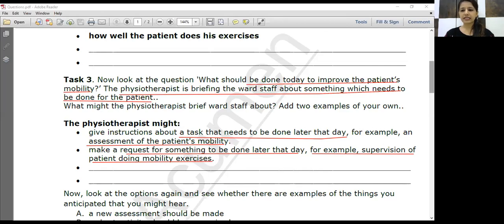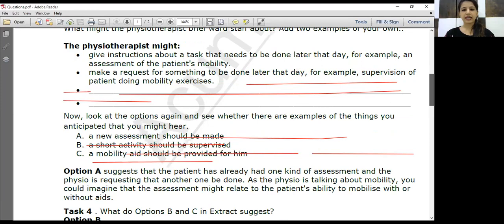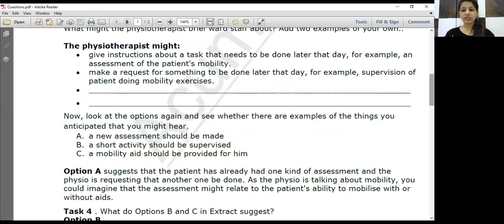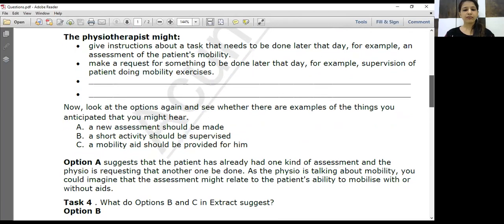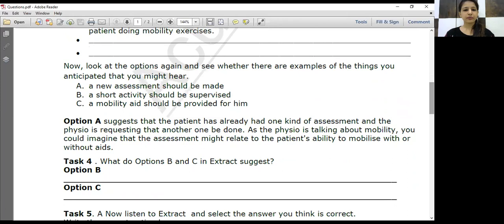Now, if you look at the answer choices, okay, what you do in the answer choice is again you try to underline the keywords and you try to also predict the kind of discussion that could be there if that answer is correct. So here, one option is that a new assessment is to be done.